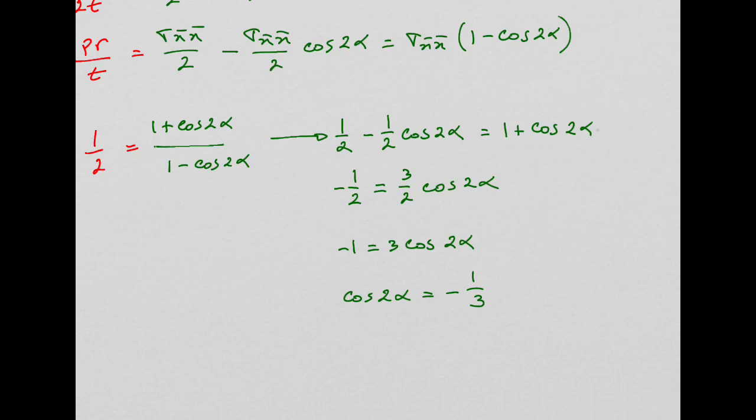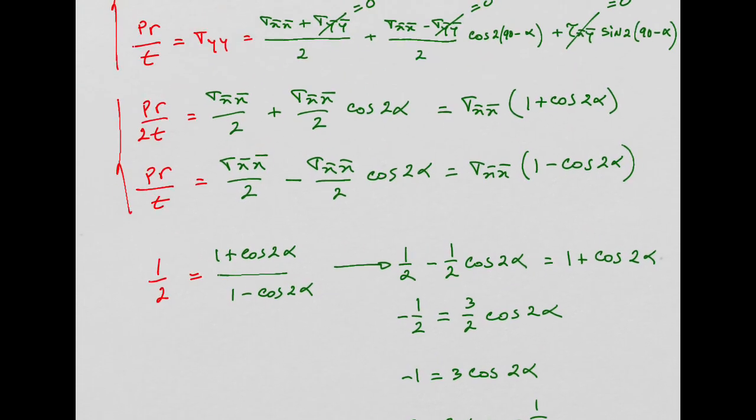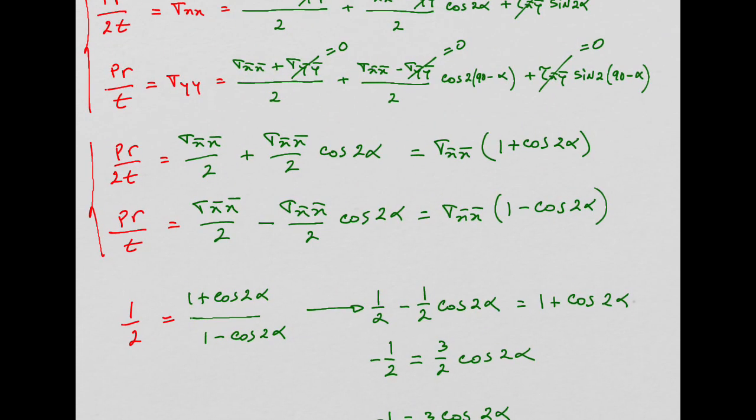What happened to the 90 minus alpha that was in the bracket of the equation? This one here? Yeah, I just put cosine of 180 minus 2 alpha is equal to minus cosine of 2 alpha.